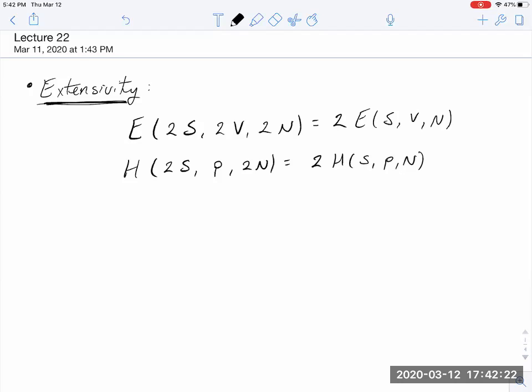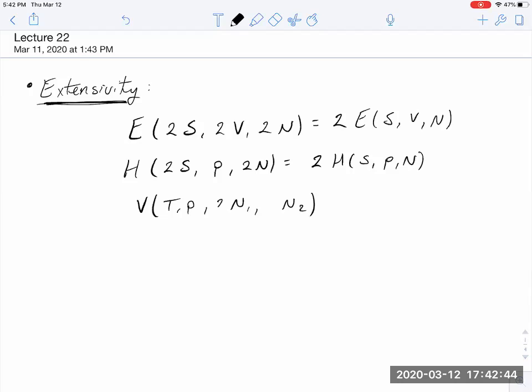This is pretty general. We can even talk about things like the volume of the system. It might depend, for example, on the temperature and pressure, and for a multi-component system might depend on how much of one molecule I have, call it N1, and how much of another molecule I have, call it N2.